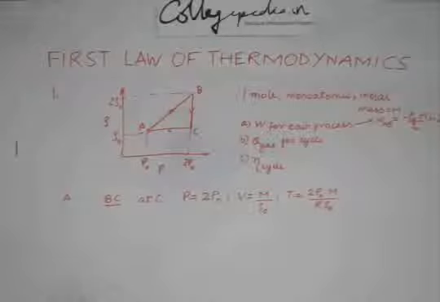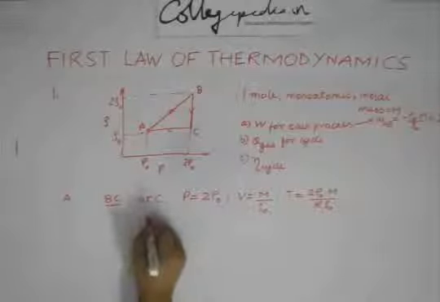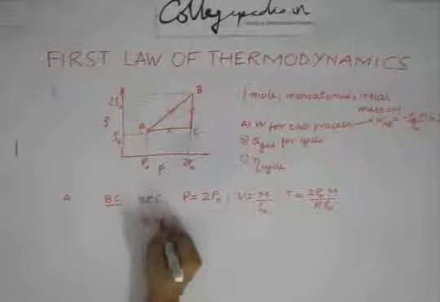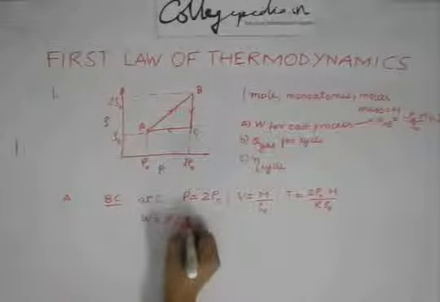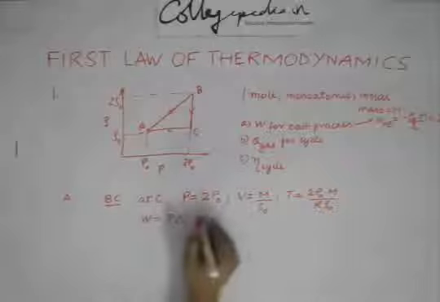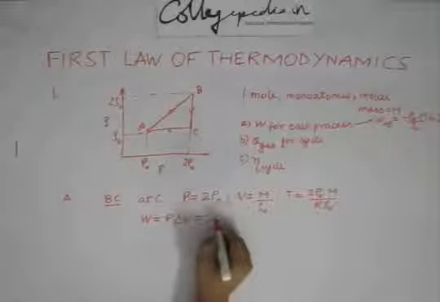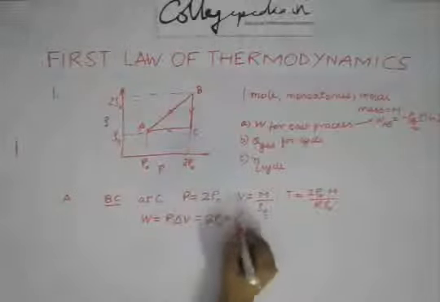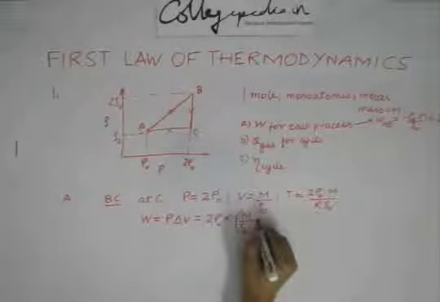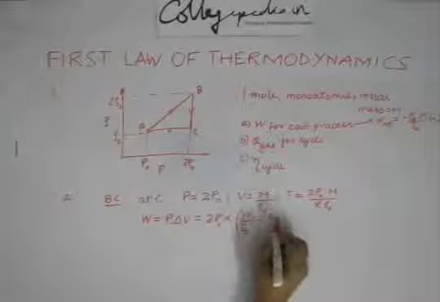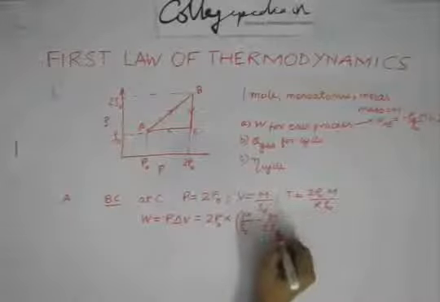For an isobaric process, W is going to be nothing but P delta V. This is going to be the pressure times the change in volume. The final volume is M by rho naught. The initial volume was M by 2 rho naught.